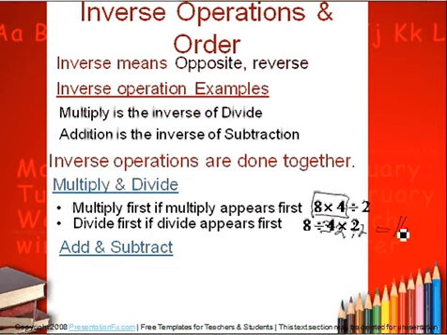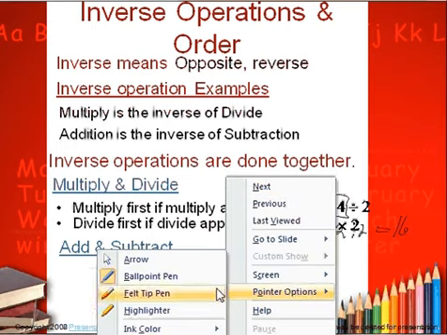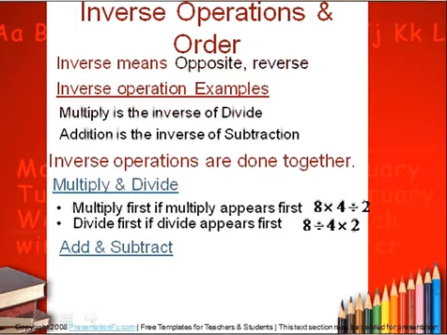Now the tricky one is the next one, and let me clear off my writing. The tricky one is this next one. We've got division before multiply. So we've got dear before my. And a lot of times students would try and do this 4 times 2 first because of the please excuse my dear Aunt Sally, which is supposed to help you, but in this case it's kind of confusing you.